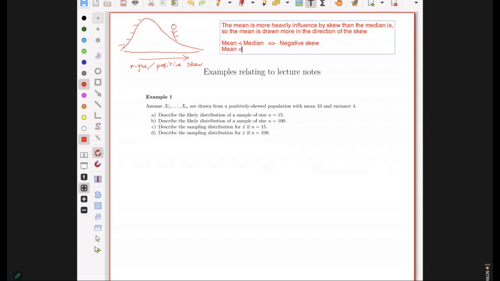If the mean is equal to the median, this suggests that we have a symmetric distribution, meaning no skew. And if the mean is greater than the median, this is a right skewed distribution or a positively skewed distribution.